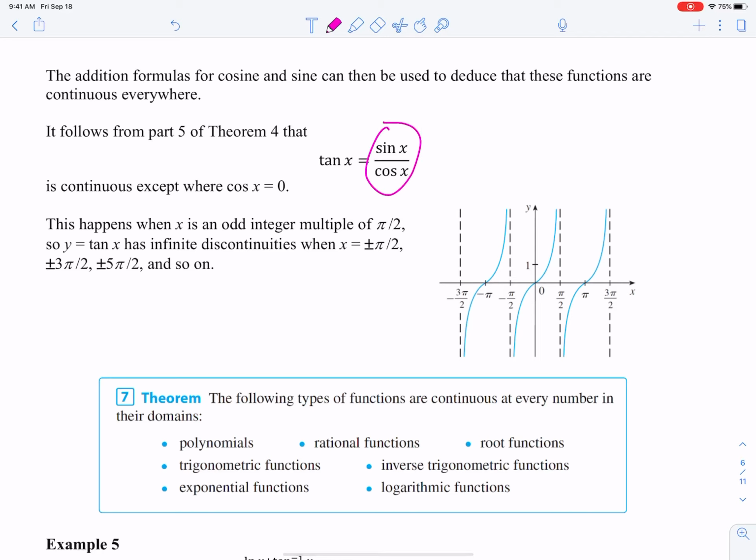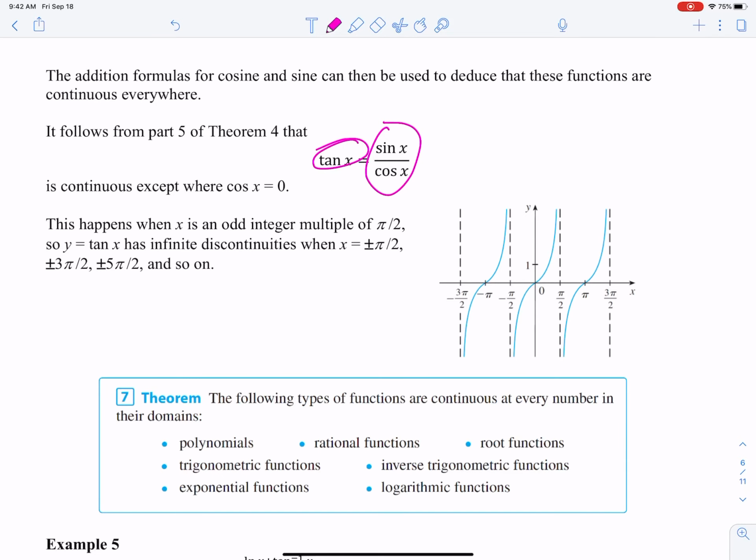We said if we can divide those two continuous functions, as long as there's no 0 in the denominator, then the whole function is continuous, which means tangent is continuous except where cosine of x equals 0. Then we have those asymptotes.